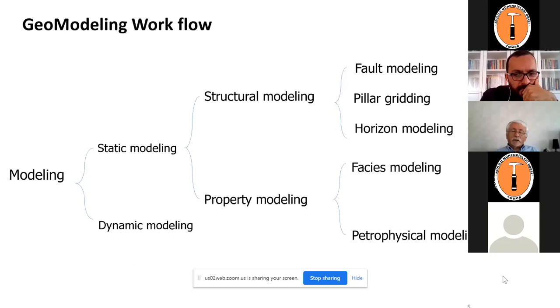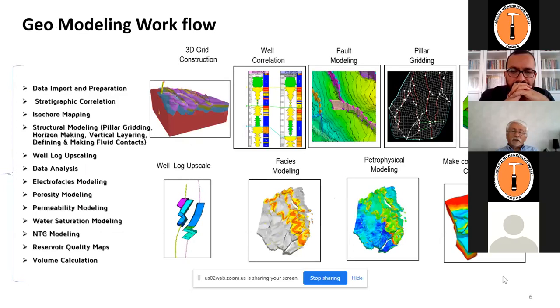In different parts we can see fault modeling, pillar gridding, make horizon, make zone, make contact, and I just show three important parts of the different divisions of the structural modeling. In this slide, you can see the workflow of geomodeling, but in this paper, we followed the simplest procedure because of lack of data.